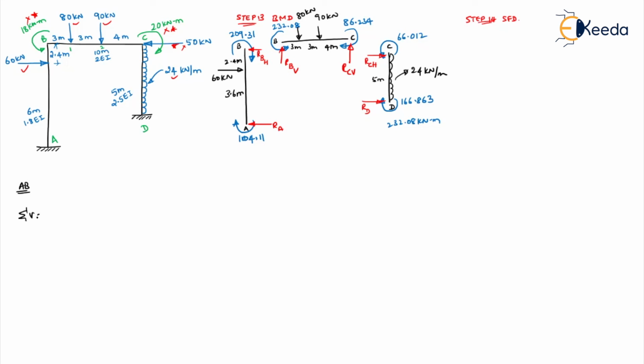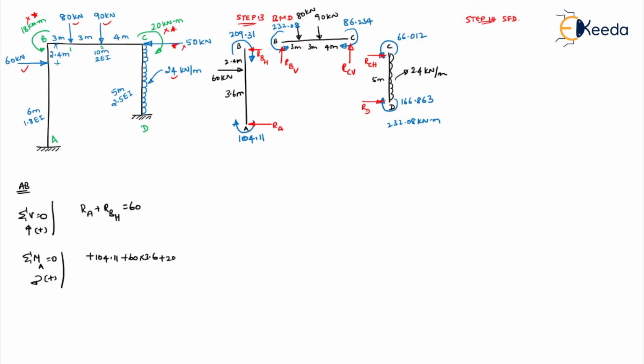We are doing summation V equal to 0, all upward forces positive. So RA plus RBH will be equal to what? 60, right? Then sum of moments about which point? A equal to 0, all clockwise forces positive. So this is clockwise. So that will be plus 104.11 plus 60 into the perpendicular distance 3.6.